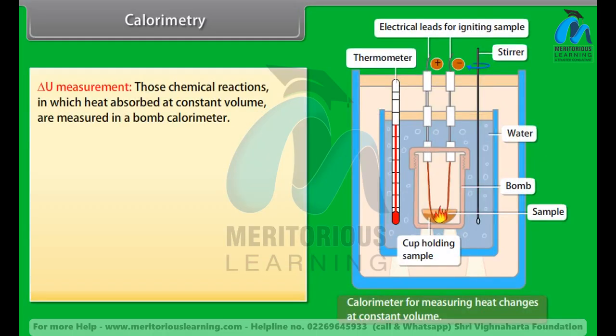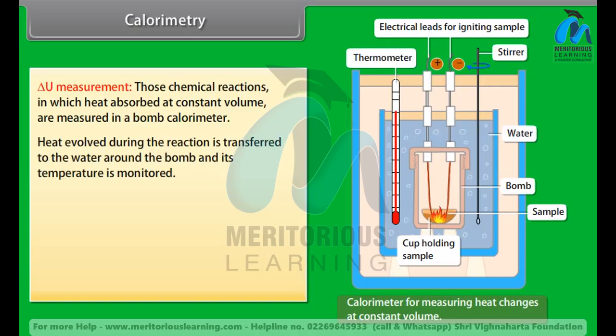Delta U measurement. Those chemical reactions in which heat absorbed at constant volume is measured are carried out in a bomb calorimeter. The steel vessel is immersed in a water bath to ensure that no heat is lost to the surroundings. A combustible substance is burnt in pure dioxygen supplied in the steel bomb.